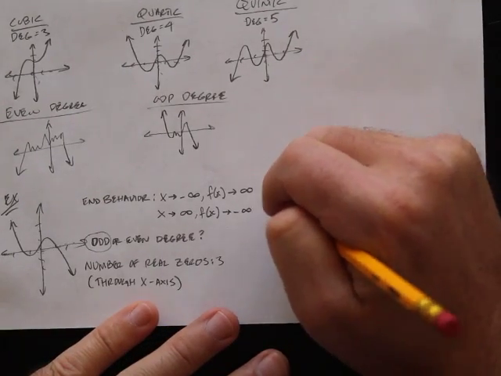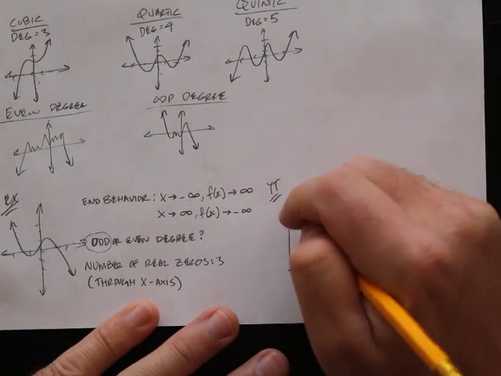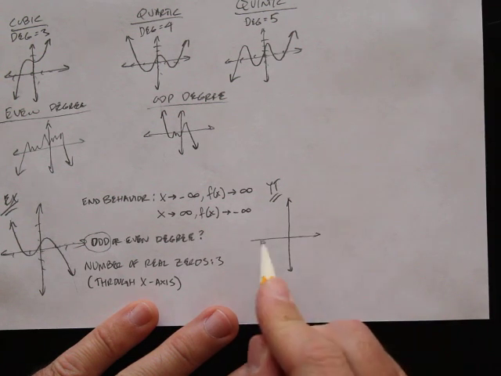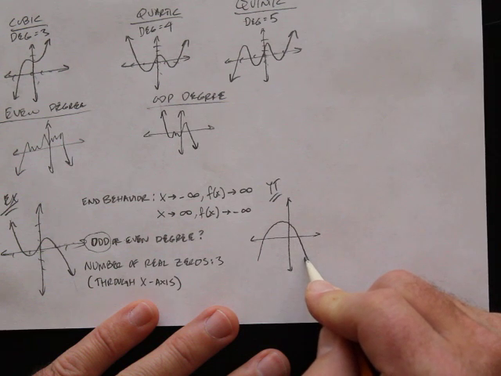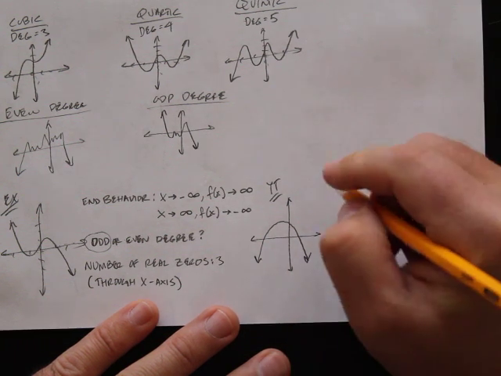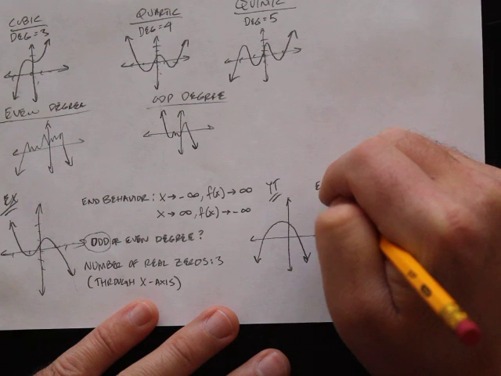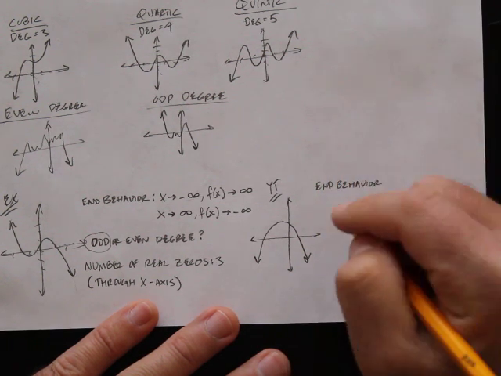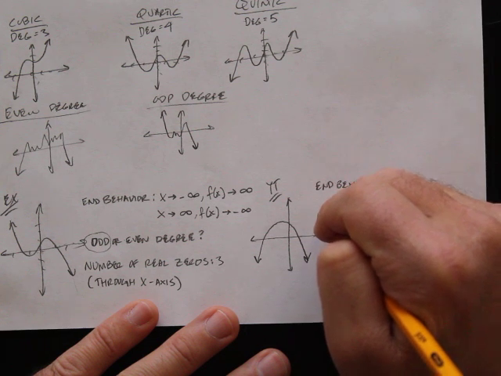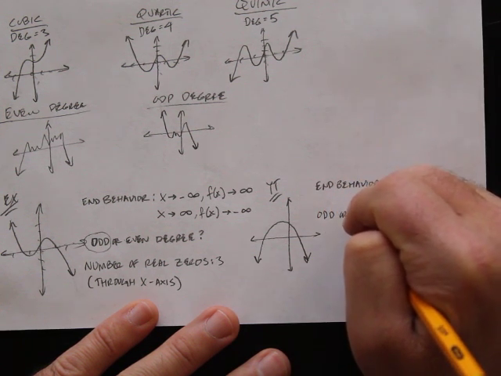All right, let's have you do one. So we've got a parabola that's going down like this. I want to know the end behavior. I want to know, is this an odd or even degree?